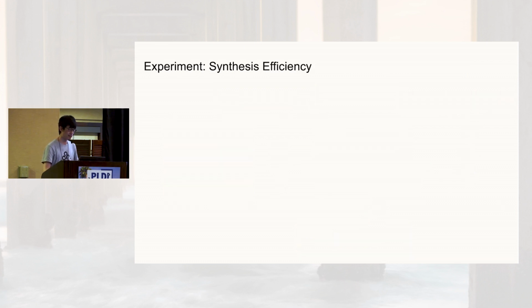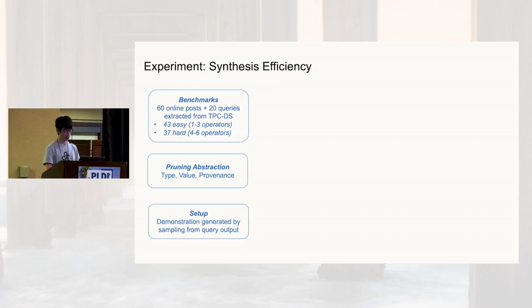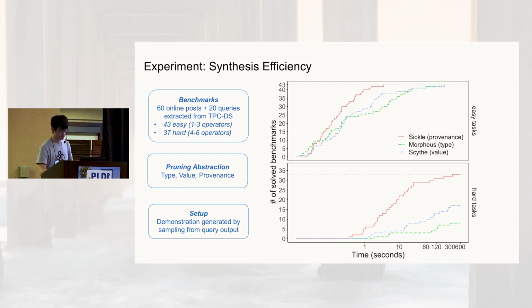So we did an evaluation, first on the efficiency. We collected a benchmark with 60 online posts and 20 queries from TPC-DS, which is an analytical SQL industrial benchmark. And we evaluate, comparing type, value, and provenance analysis. And here we're using demonstrations generated by sampling to evaluate the synthesis performance. Here I'm showing you a chart where the x-axis is the time, and the y-axis is the number of benchmarks that can be solved, split by easy and hard tasks and 3 baselines.